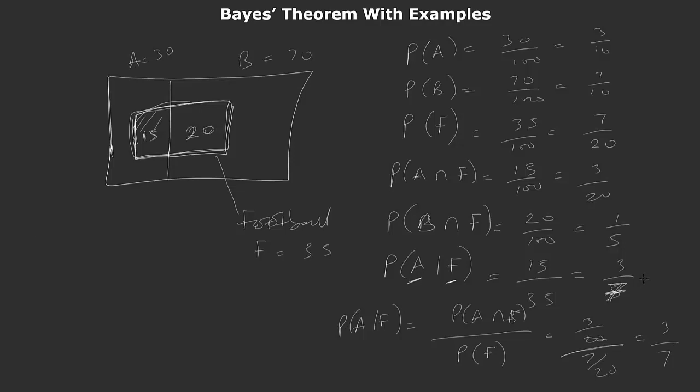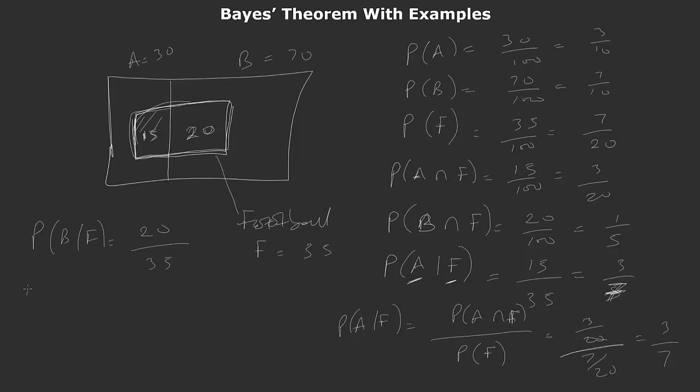So what about this other question? What's the probability of B given F, given that the person loves football? We take this region, which is 20, divided by the total number of people that love football, which is 35.